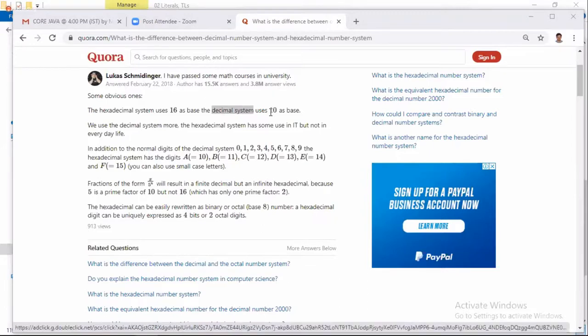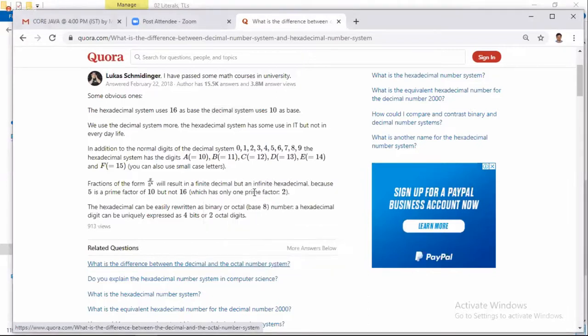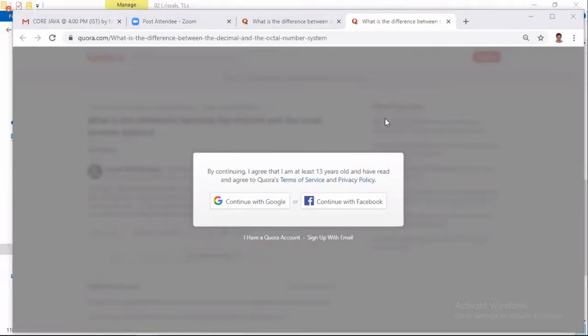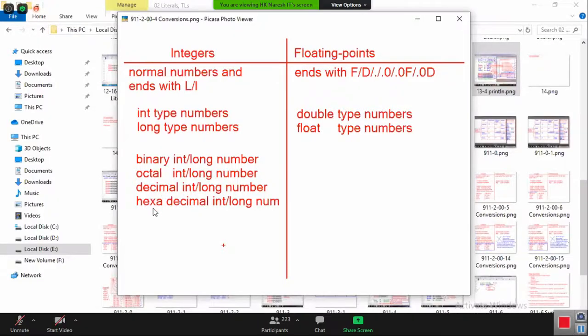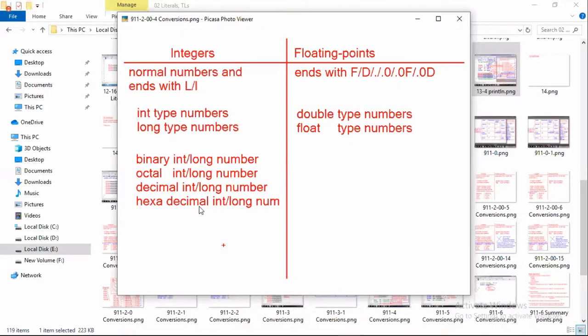Because you are good in maths, can you please help me: what is the difference between the decimal and the octal number system? Decimal number, hexadecimal number, I just wanted to convince you.